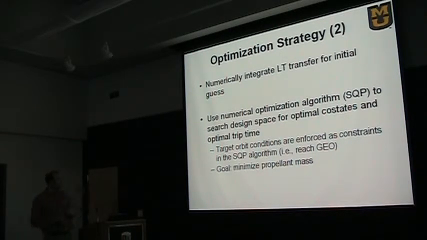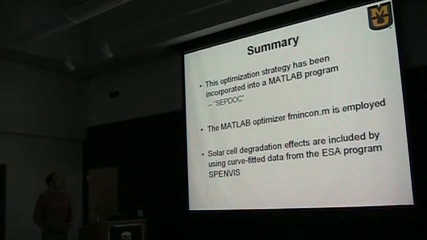So I build that, and in summary, I've done this in MATLAB. I've used this strategy, and I've called my program SEPDOC, Solar Electric Propulsion Direct Optimal Control. In fact, this was in a textbook that came out a year or so ago, assembled by a professor at Illinois. And he asked me to write a chapter about this method of optimizing space trajectories.